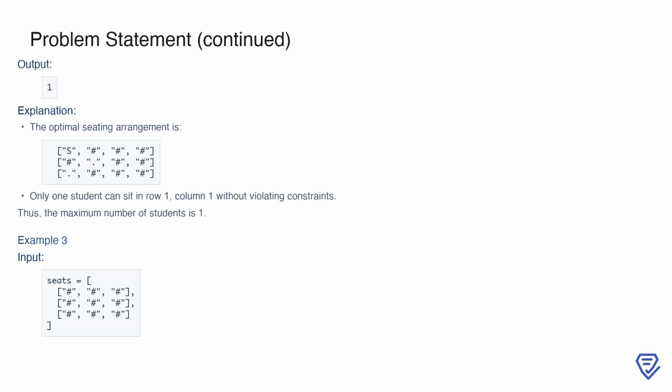In this arrangement, only one student can sit in row 1, column 1. This is because placing additional students in this setup would violate the constraints, such as sitting directly in front, diagonally in front, or to the left of another student. Therefore, the maximum number of students for this input is just 1.